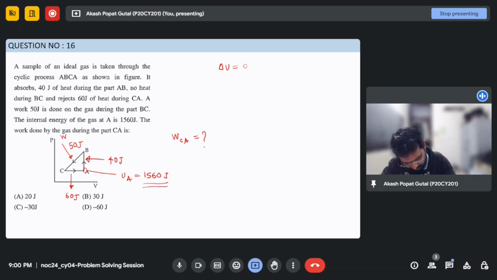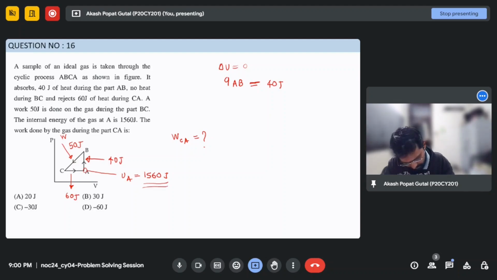From A to B, 40 joules are added to the system, and we say Q in the form of heat.